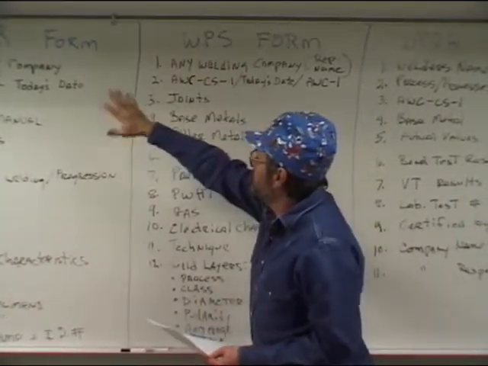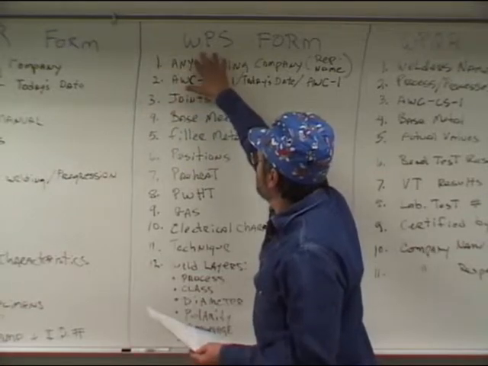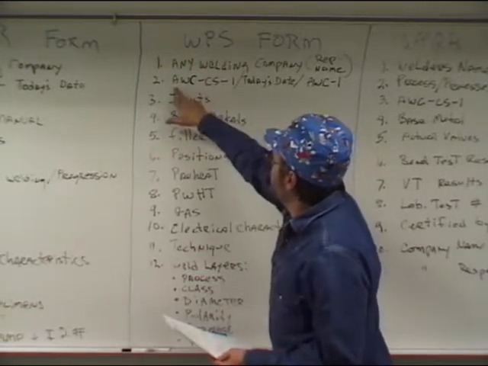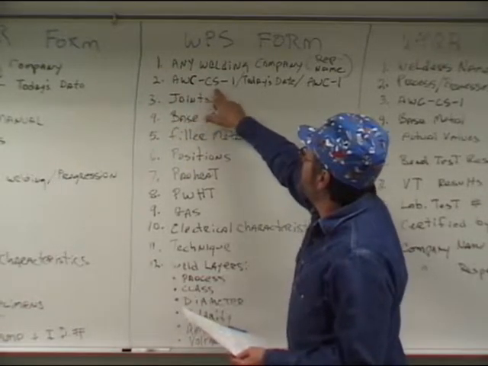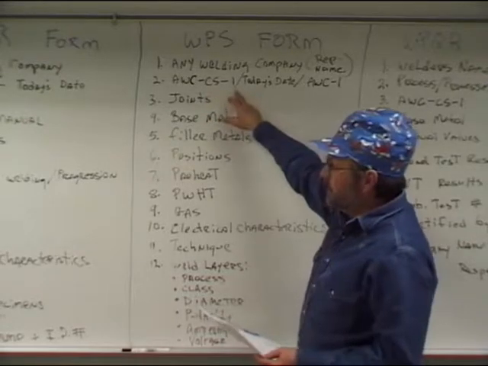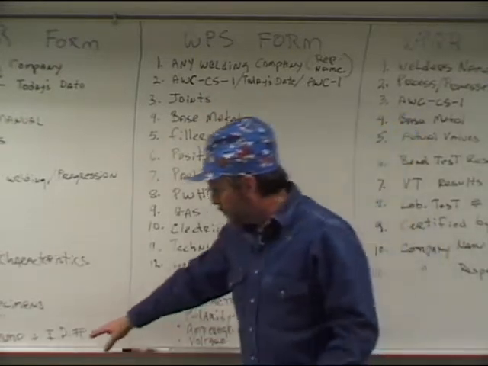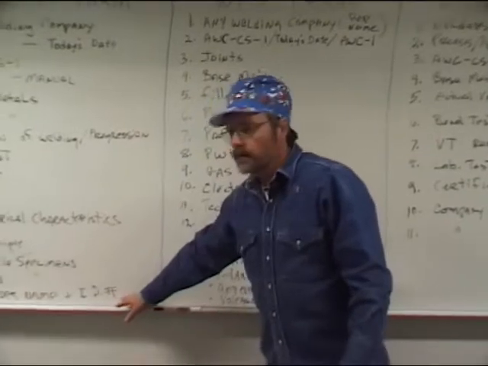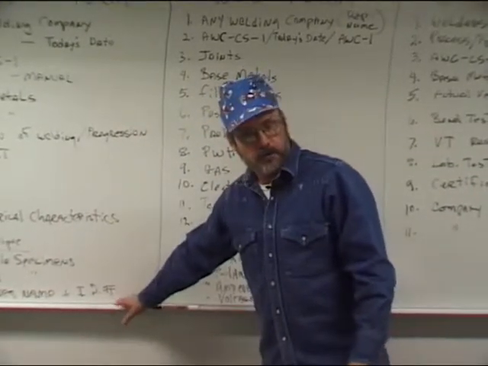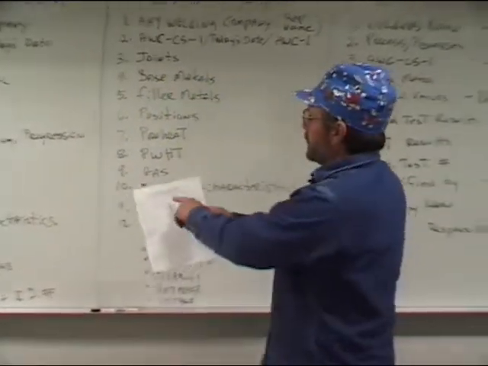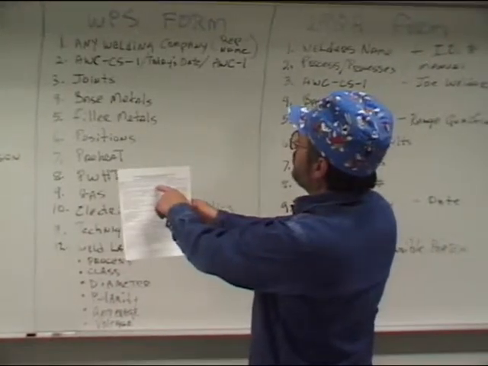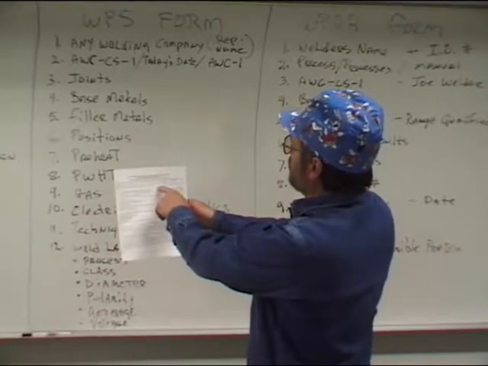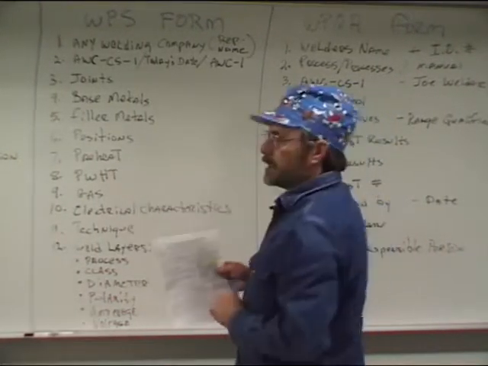The guy that did the welding did them both. So here on the WPS, we would have to write in this number, AWS-CS-1. And the guy that did the test, if you remember back here on the PQR, it was Joe Welder. Joe Welder did the test. So right here we would have to write that information. AWS-CS-1, Joe Welder is the guy that made that test.